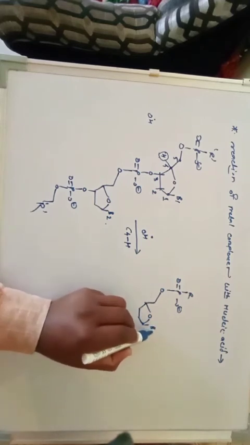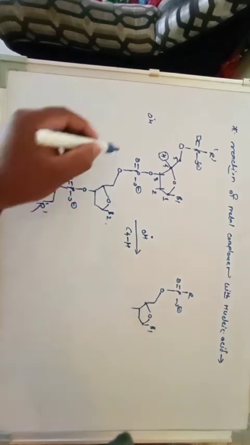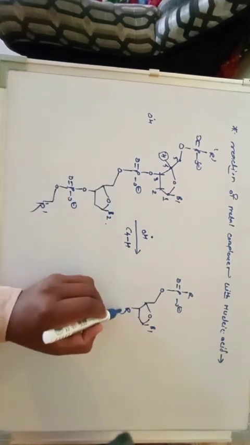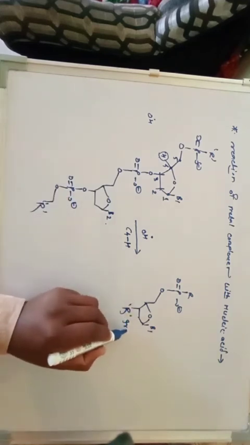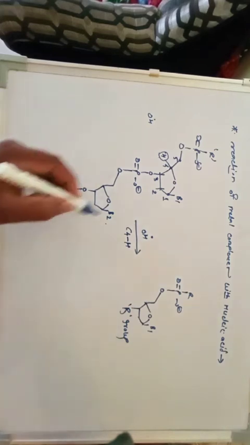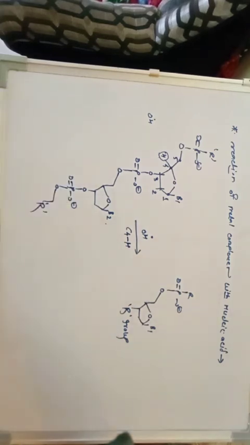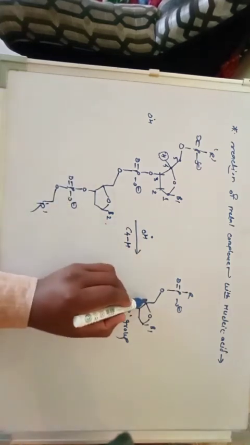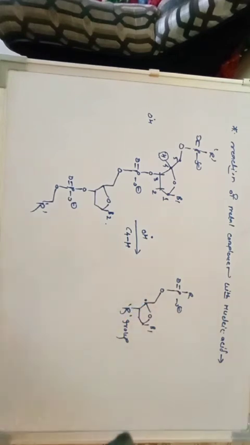This is your B1, and we can consider this whole group as the R group for our simplicity. So after abstraction, there is a radical formation.